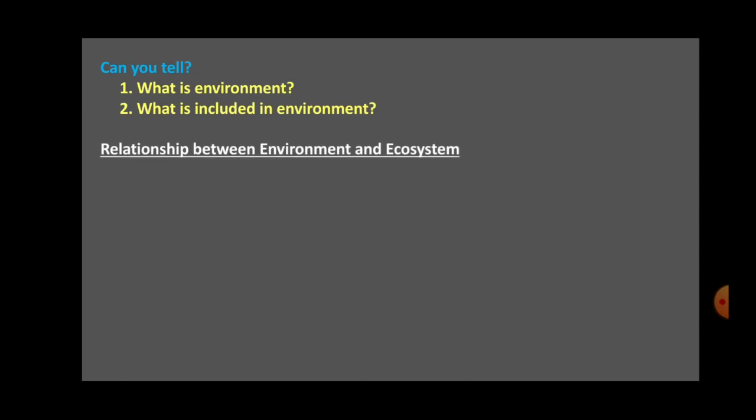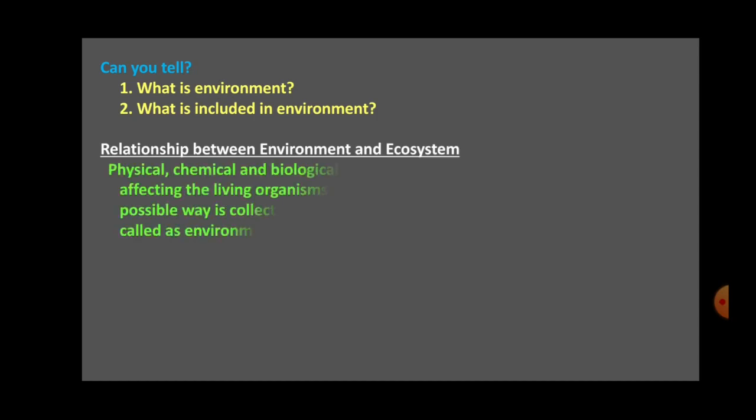Next, relationship between environment and ecosystem. Now there might be confusion with many students between these two words. Environment, we have simply seen what it is. It is a collective term for the physical, chemical and the biological factors that surround all the living organisms. Now students, this environment is a very broad concept. Like I said, these three factors together, also you can say, like we studied, the conditions in our surroundings, right?